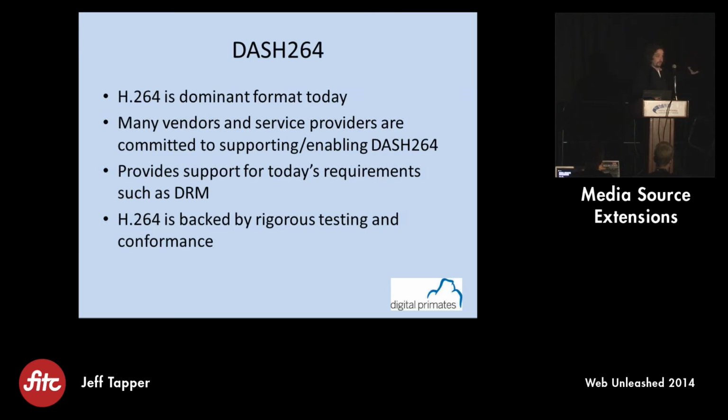And so that's the idea of the Dash 264 specification, and that's not actually the right name. The full name of it is the Dash AVC / H264 specification, but that's way too much of a mouthful, so I just call it Dash 264. It gives us this clear, narrowed down implementation that meets the vast majority of use cases needed by 95% of its members. So that's the idea there.